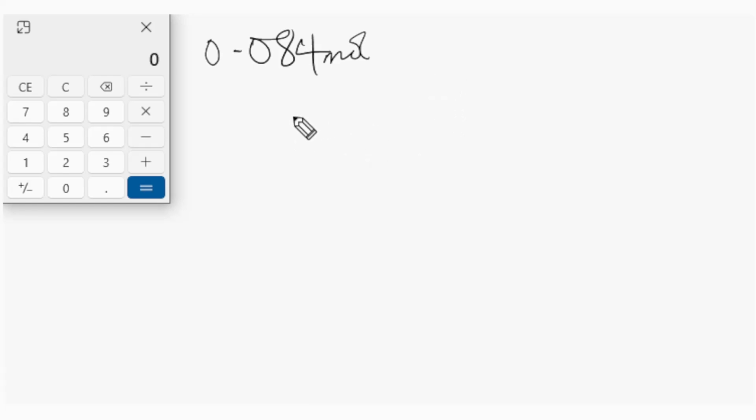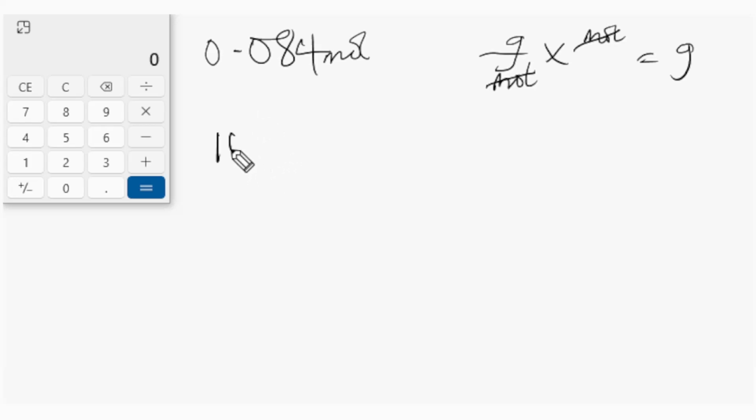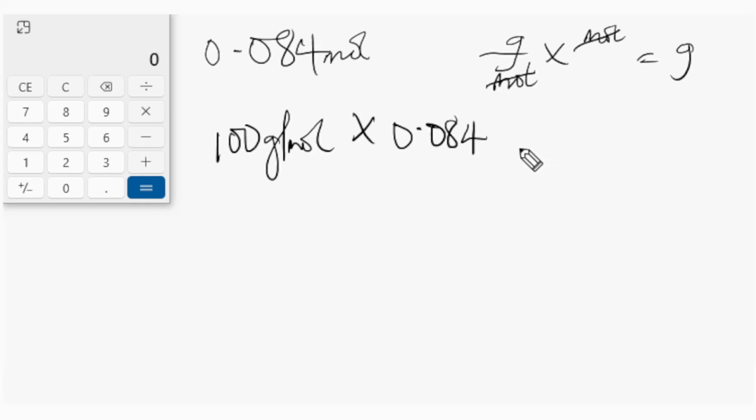You know that the mass concentration is gram per mole, and then the number of moles here is mole. So if we simply multiply these out, the moles will cancel out, and then we'll have the gram. So that's how we are going to do this. We are going to multiply the mass concentration given to us, and that's 100 gram per mole, by the number of moles we got from this calculation, and that's 0.084 moles.